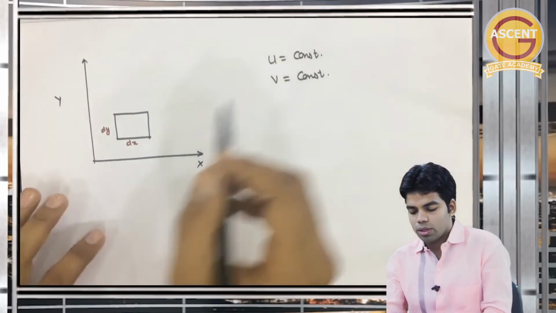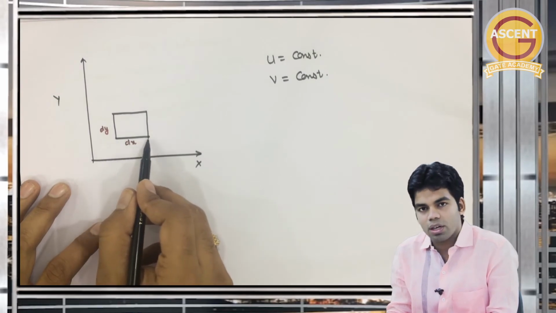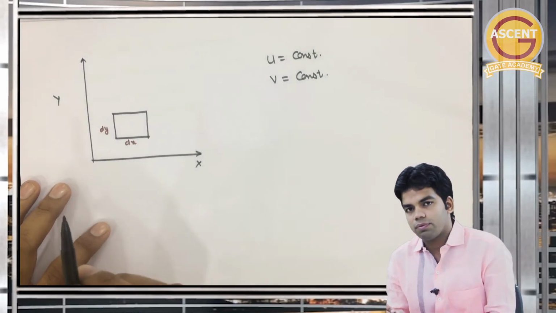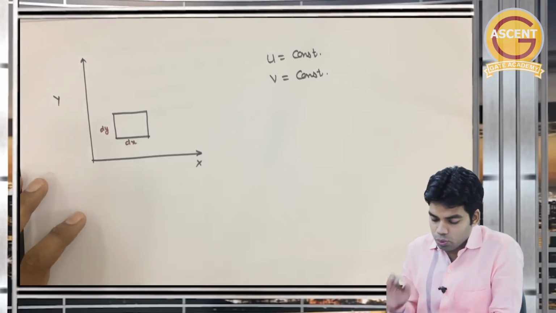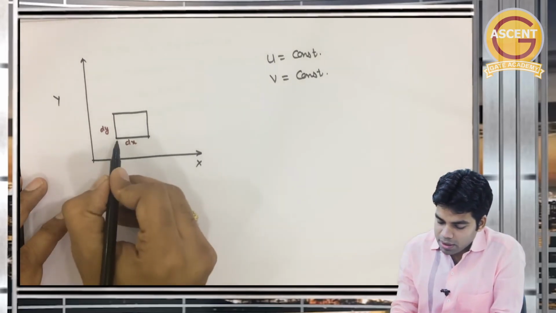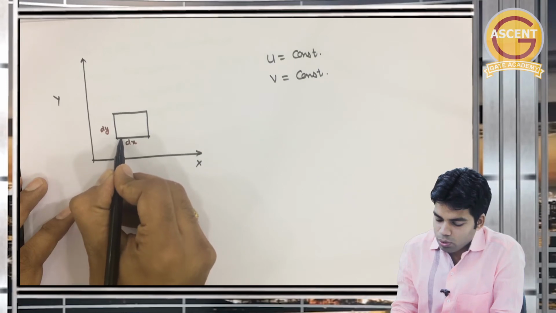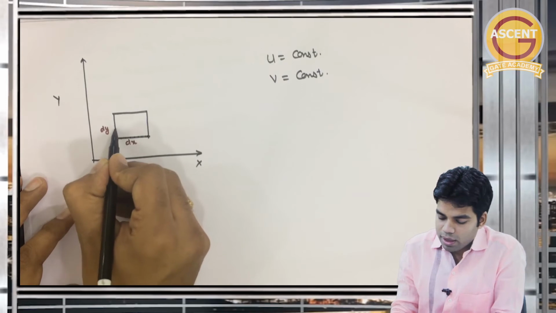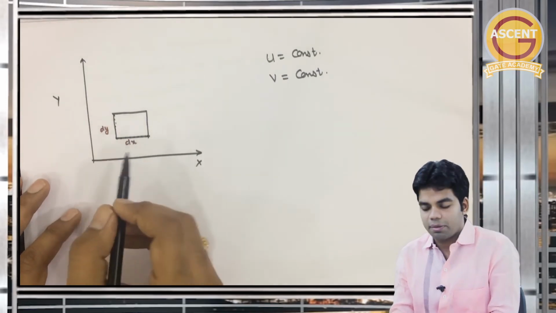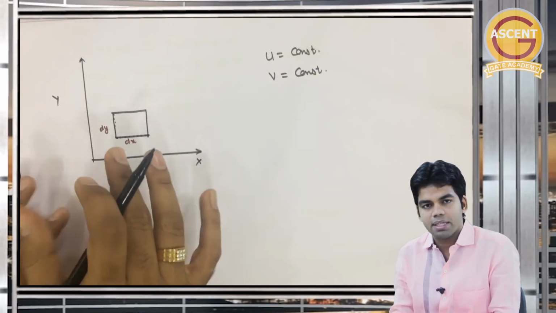That means u is not changing with respect to the space coordinate, and v is not changing with respect to the space coordinate. U is constant. What does this mean? That means in this particle, u is not varying with respect to the x-axis, neither is it varying with respect to the y-axis. That means u जो है वो पूरे particle में same है.